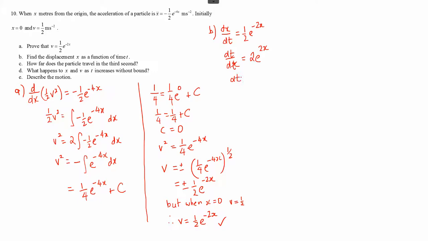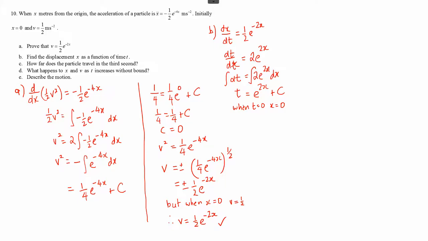Then we separate all the t's to one side, all the x's to the other, and we integrate both sides of our expression. On the left hand side we get t, and on the right hand side we get e to the 2x plus c. Now we know initially it's at x equals 0, so when t equals 0, x is also 0.